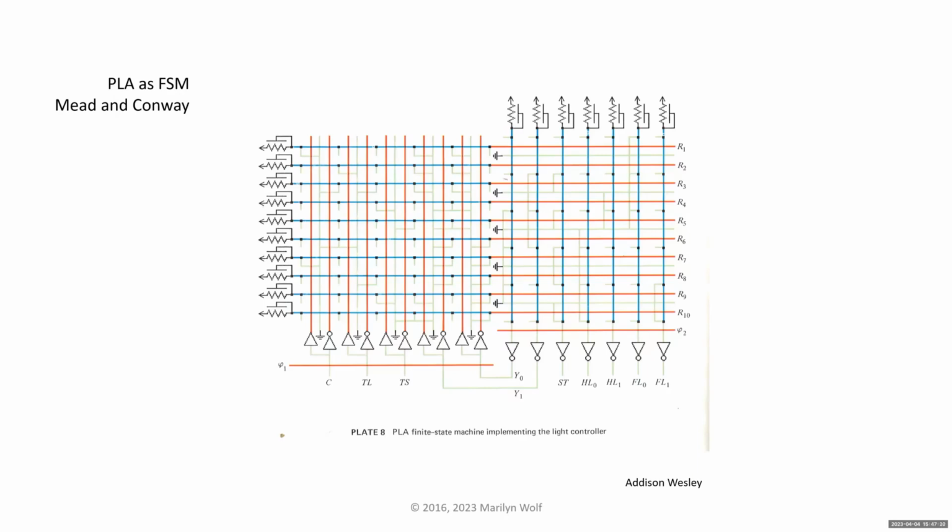The red lines are fed from the top, and they're organized to give both the true and complement form of the input with a pair of polysilicon lines. Okay, so the blue lines flow in at the middle to give the output to the AND plane.